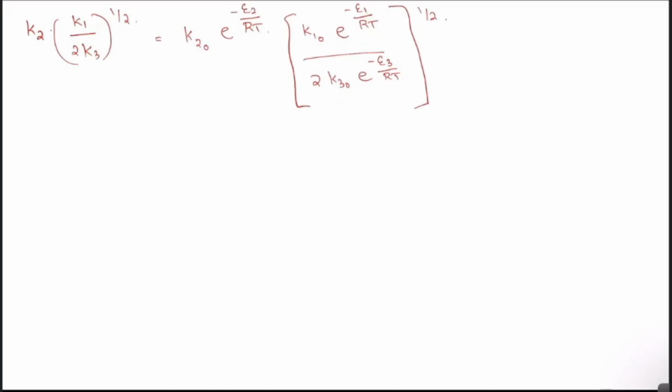So this will be equal to K overall into e raised to minus E overall by RT.